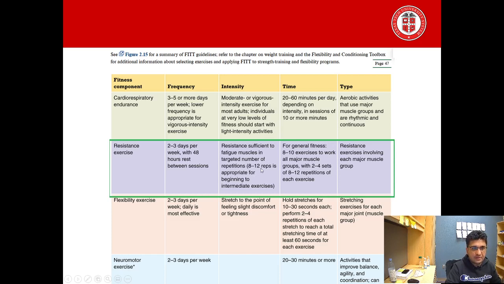And this is a standard set where there has to be 8 to 12 reps, which is somewhere between power training and muscular endurance training. So it's a standard one, and you want to do 2 to 4 sets of these 8 to 12 reps with somewhat 60 to 120 second intervals between the sets. And this should involve all the major muscle groups.